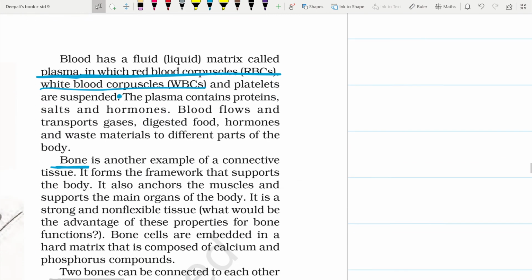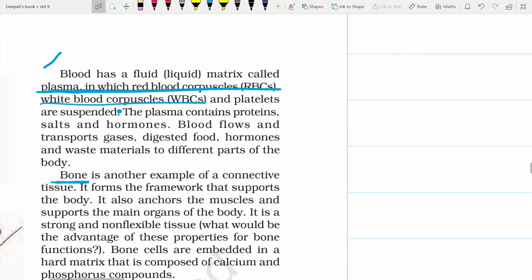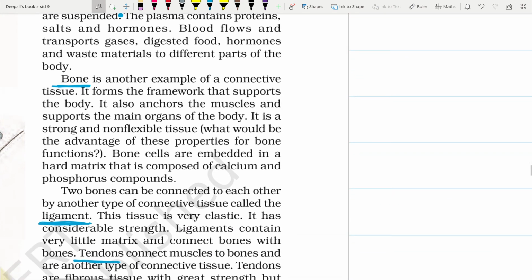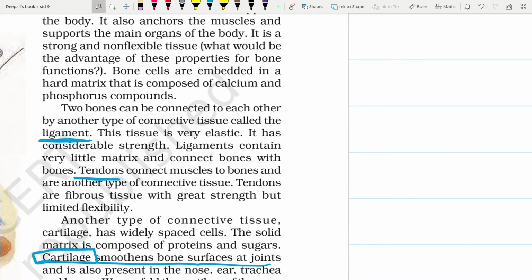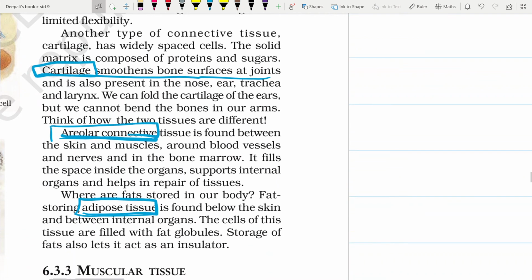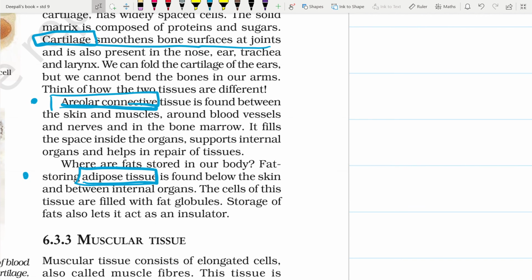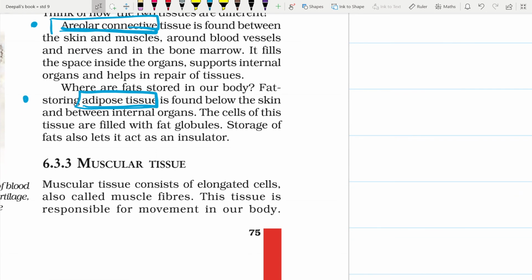And these are skeletal tissues. They are bones, then ligaments, tendons and cartilage. Then we have the areolar and the adipose tissue. Their function is to repair wear and tear and store fat globules.